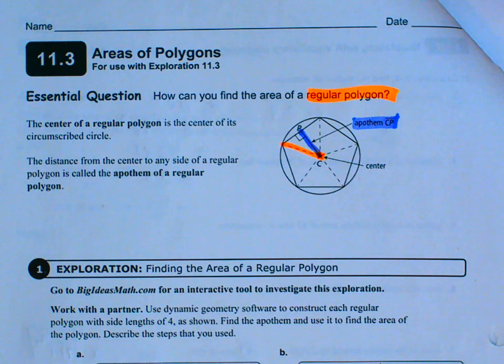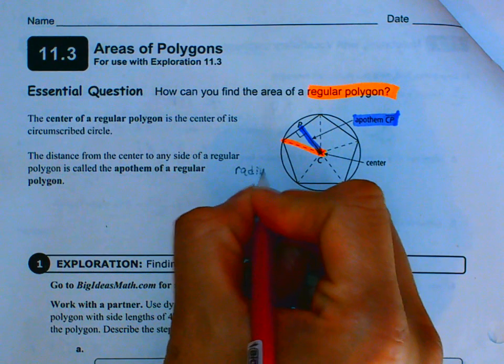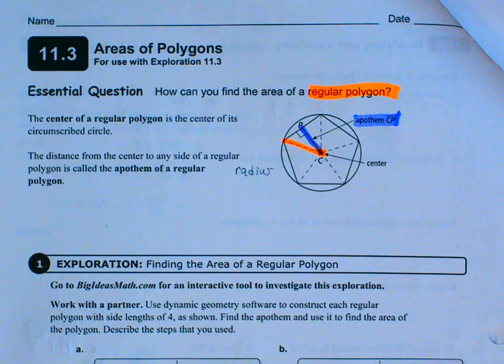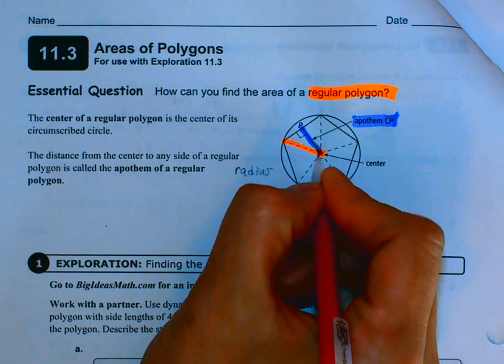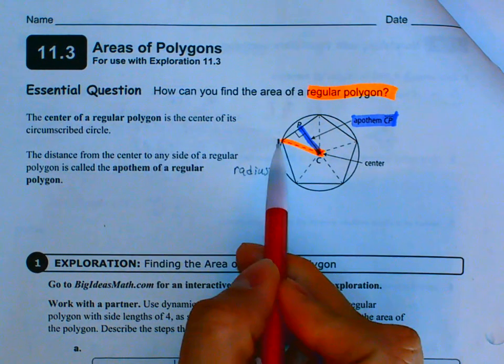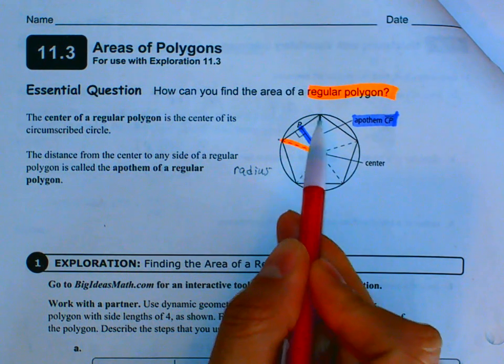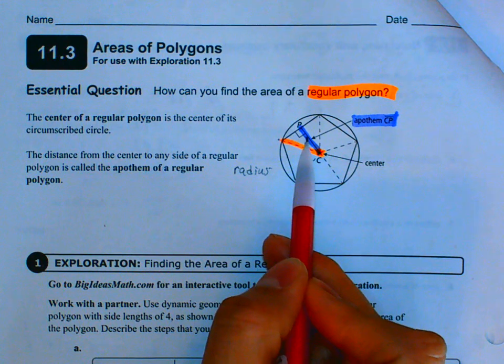That is not written on this paper, but it is called the radius. We are used to saying that the radius is the distance from the center to any point on a circle, but for this scenario, we can say that the radius is the distance from the center to the vertex. So the radius is the distance from the center to a vertex, and the distance perpendicular to the side length is called the apothem.